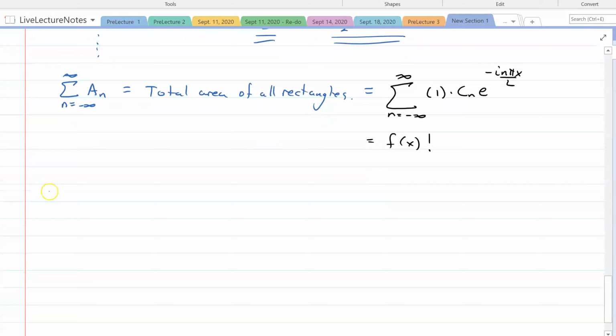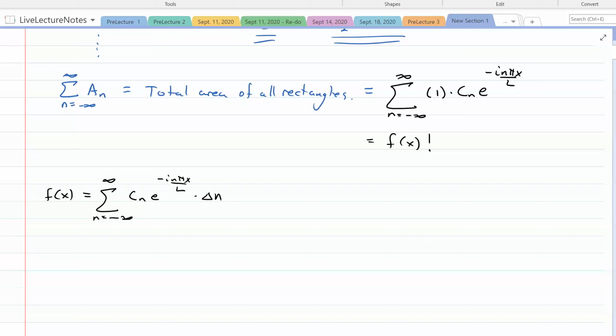for f of x. And we said f of x is basically the area of all those rectangles which I drew in that graph there. And it looks like this. N equals minus infinity to infinity, c sub n e to the minus I n pi x over L times delta n. I'm just putting in delta n, which is the space between those points, which we took to be the width of each of those rectangles.